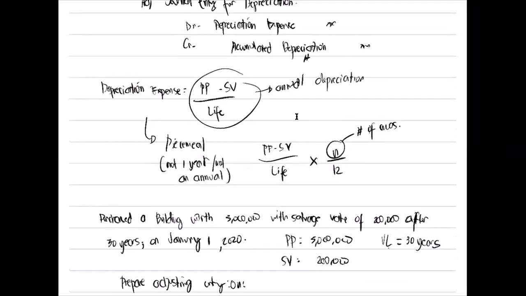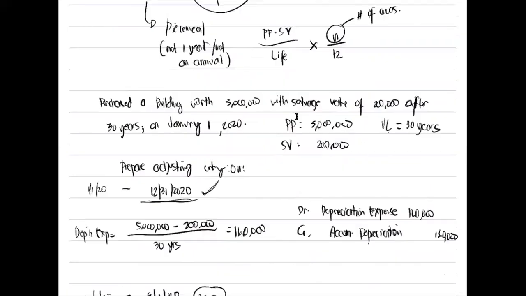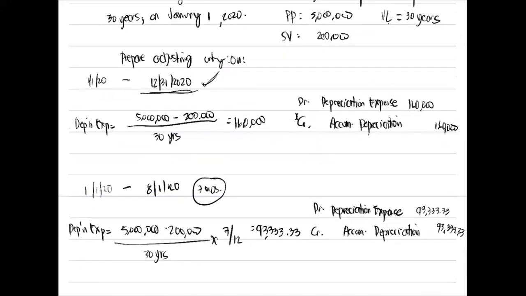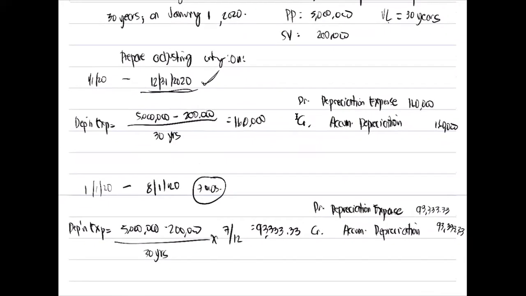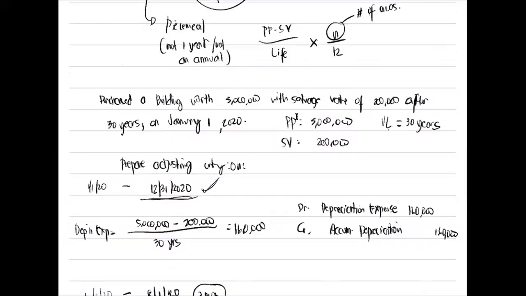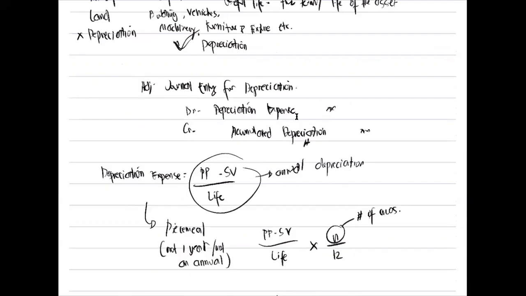But take note, guys, if it is not an annual depreciation, do not forget to multiply it by n over 12. N represents the number of months. So here, in our example, we only have 7 months, so we multiplied it by 7 over 12. And the journal entry is a debit to depreciation expense and a credit to accumulated depreciation.